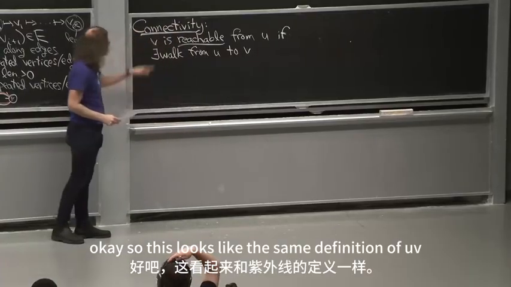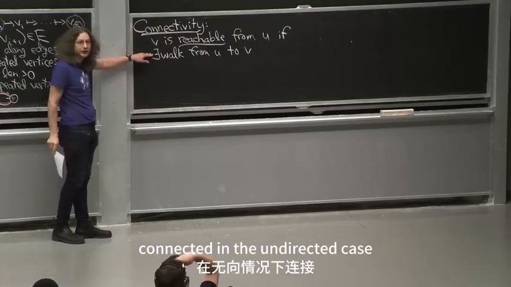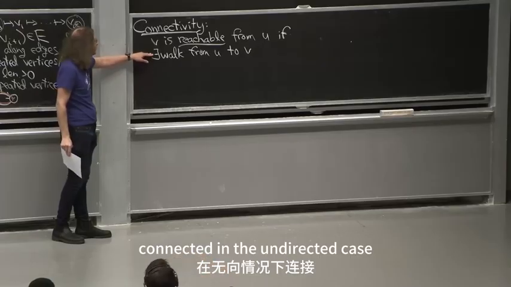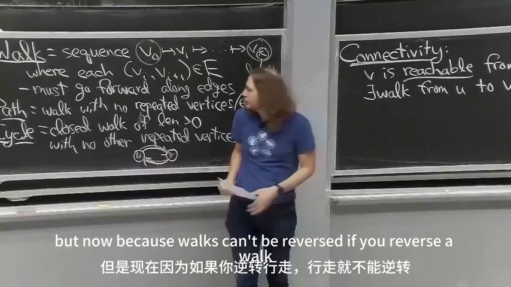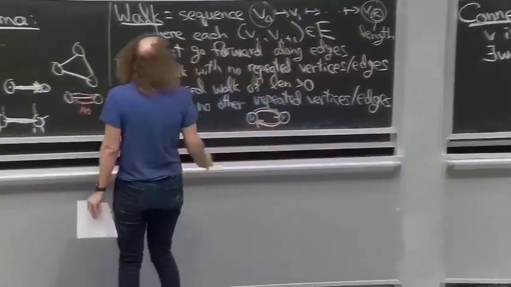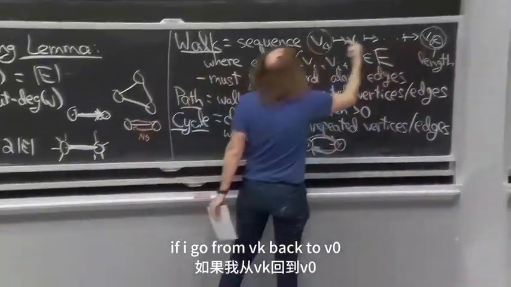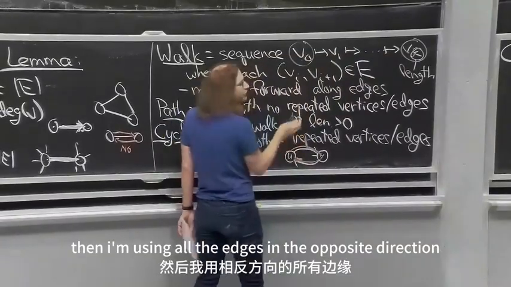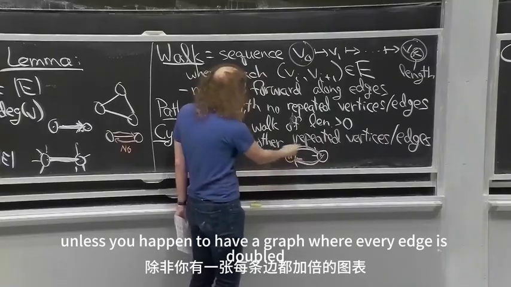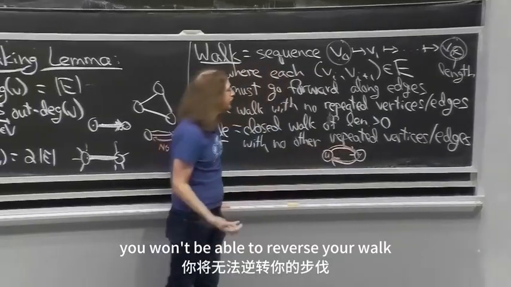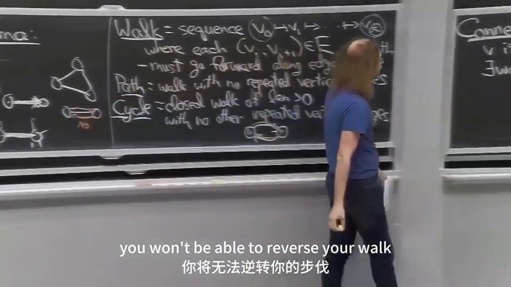This looks like the same definition of u and v connected in the undirected case. But now, because walks can't be reversed, if I go from vk back to v0, then I'm using all the edges in the opposite direction, and that's not in general allowed. Unless you happen to have a graph where every edge is doubled, you won't be able to reverse your walk.